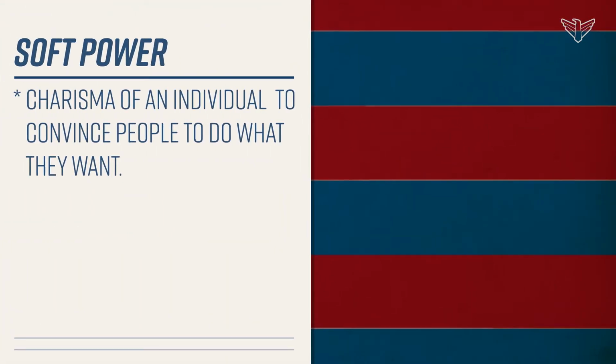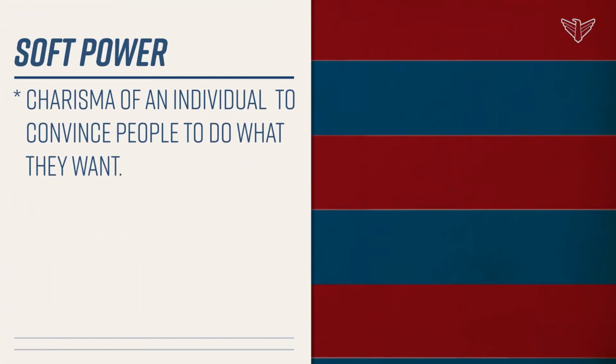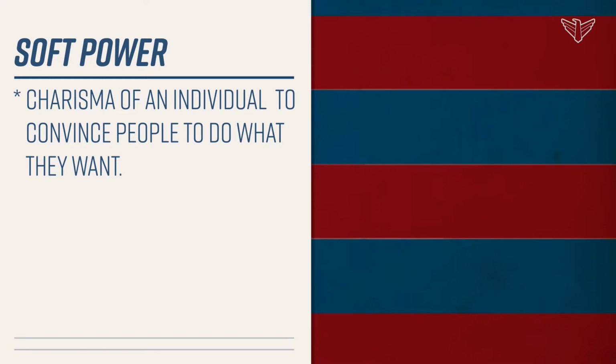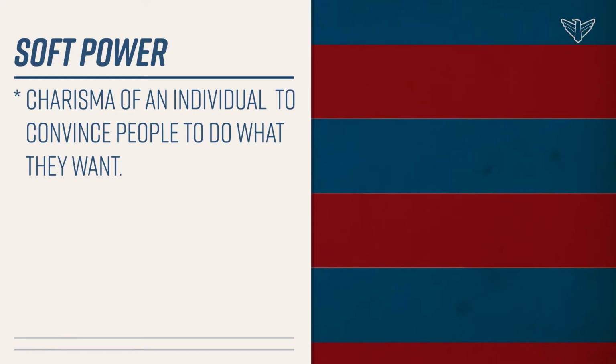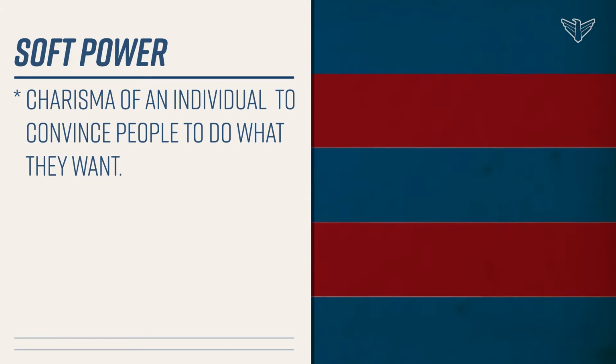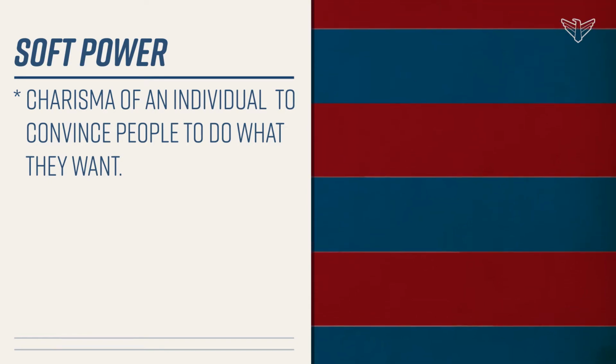Those are kind of the three basic powers that you're going to come across in an intro to political science class. There's one I would like to add, though, it's really intangible in some respects, and that's soft power. And that really hinges upon the individual in office. What soft power refers to is, well, it can be charisma, the charisma of an individual to convince people to do what they want, which enhances the power of the president.